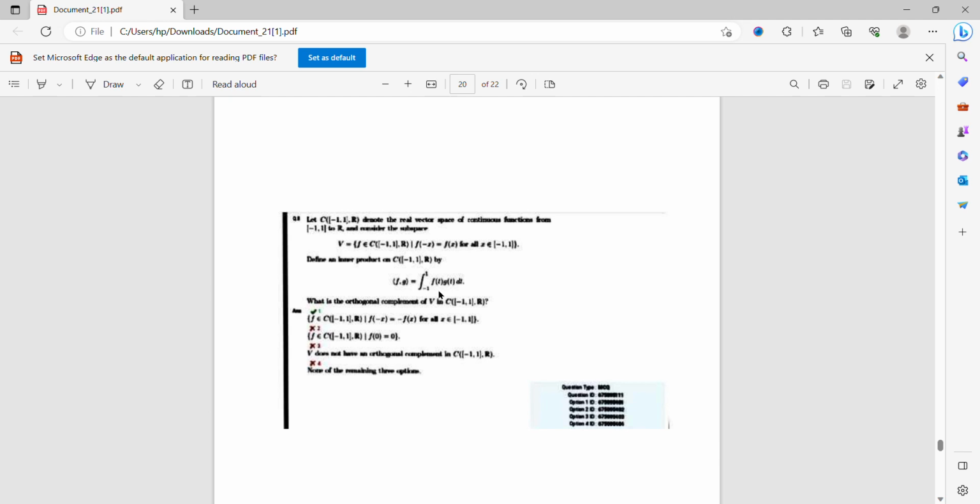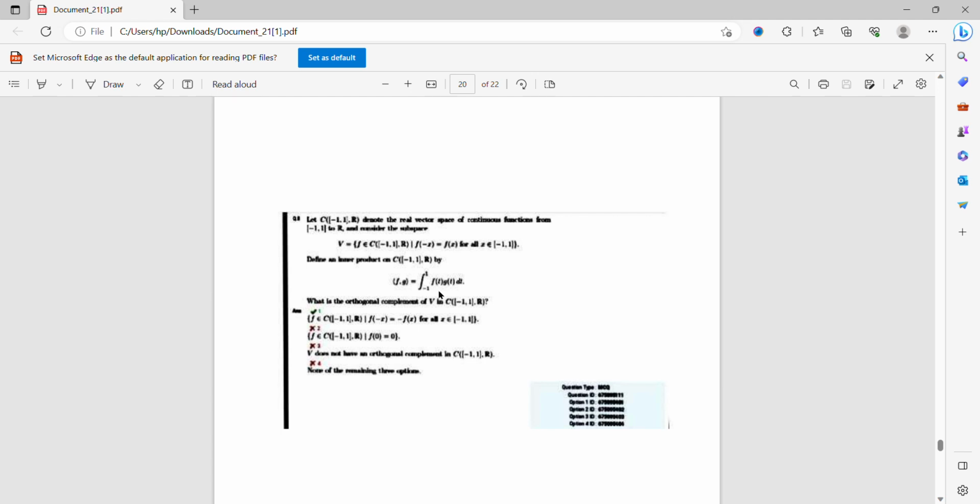Now there is a subspace of this set of all real valued continuous functions, which is a vector space over the real number field, and the subspace is defined as the set of all even functions, which is inside this real vector space of continuous functions.